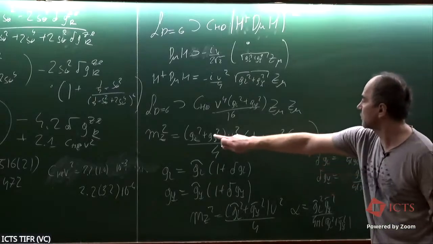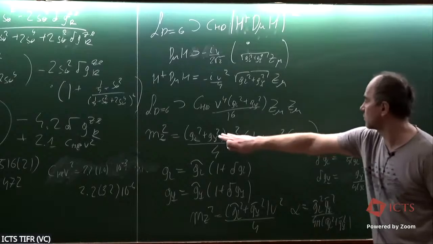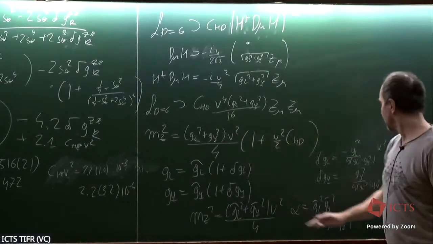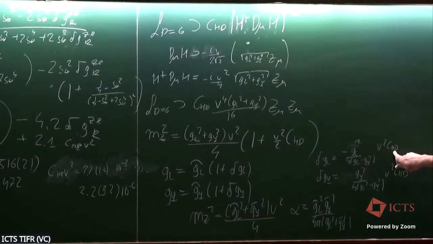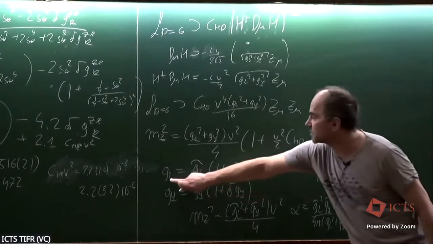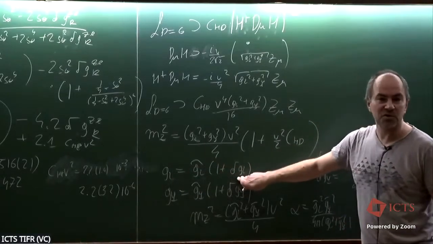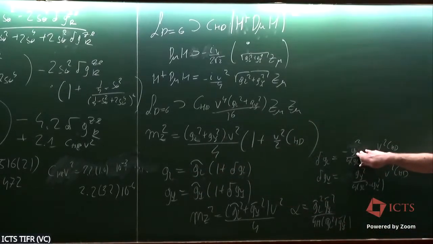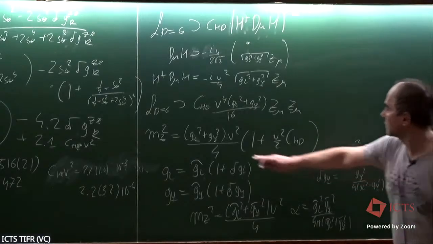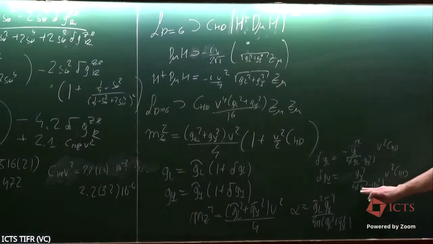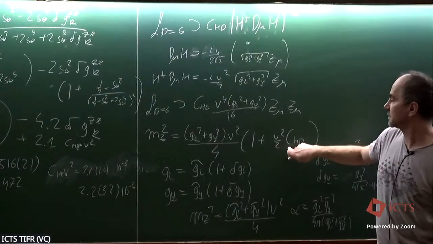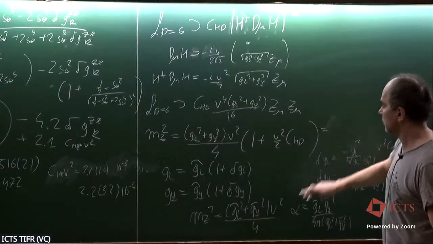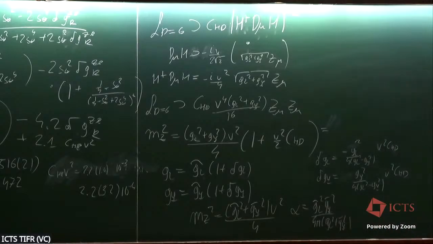If you add these two things here, right? So here we are at the dimension 6 level. The difference between GL and twiddle GL is of order dimension 6, so it doesn't matter whether I write here GL or twiddle GL, it's the same thing. So if you do that, this is a very simple calculation to see that this will cancel this, so that indeed we get this formula for mz squared.